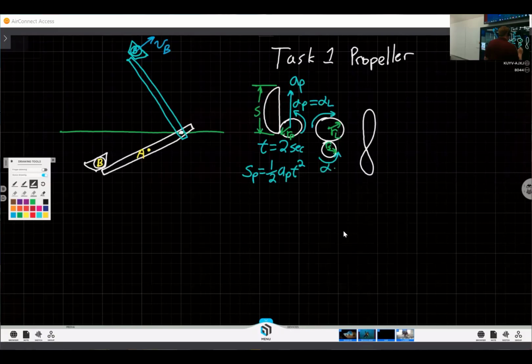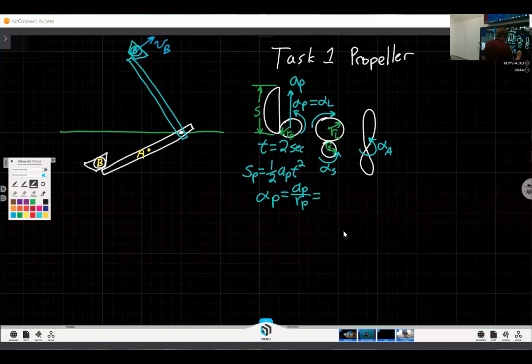So it has that alpha S, and alpha S is what's driving your propeller. So just to use a different designation, I'll call that alpha A. You can figure out your alpha P as the acceleration you figured out at the center of that gear divided by its radius, which is equal to the large gear because they're directly connected on the device itself.